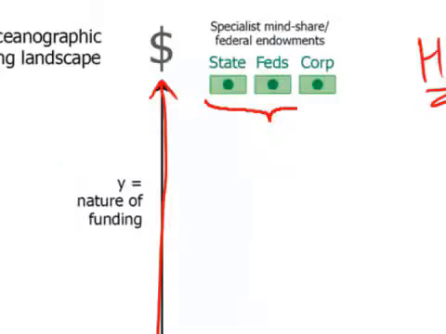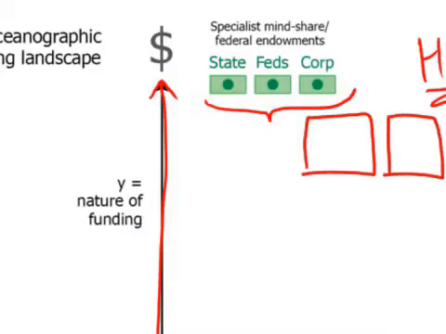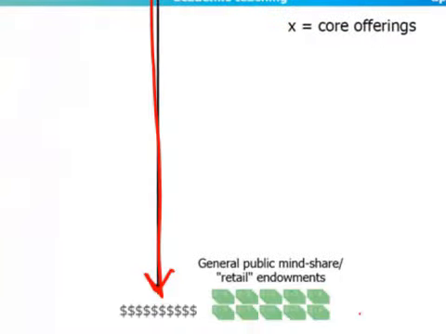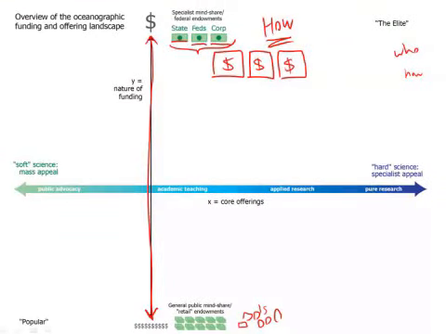Either they get it in very few but very large grants and investments from states, the federal government, or from corporations. Or it turns out you could get your money from many sources, but each source is giving you a relatively small amount of money. In the end, the total amount in the end is the same.